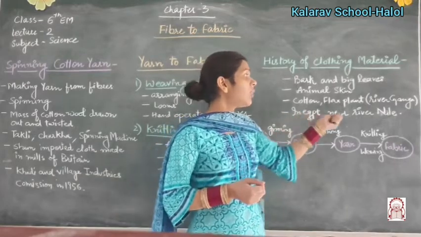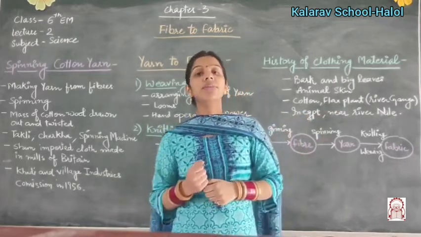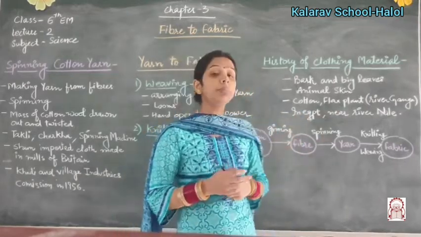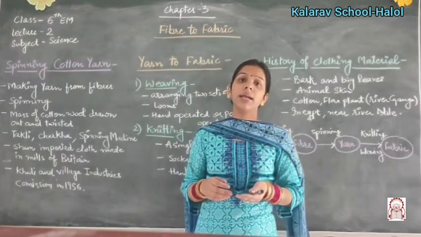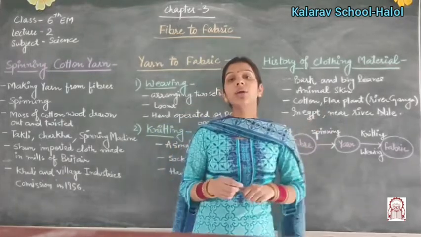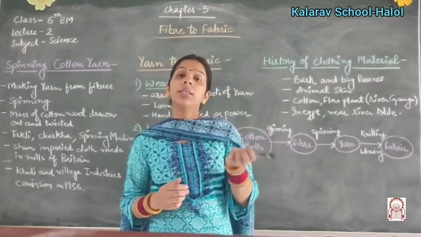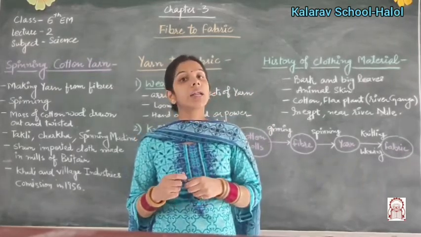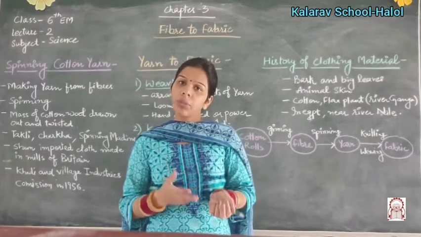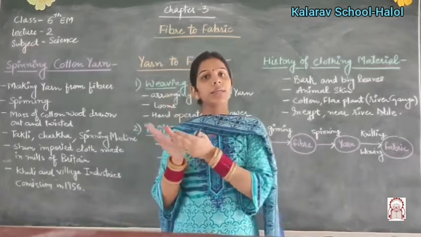Cotton and flax plants were grown near the river Ganga, and in Egypt cotton and flax plants were grown near the river Nile. Here the fibers are grown and fabric is formed from the fibers.